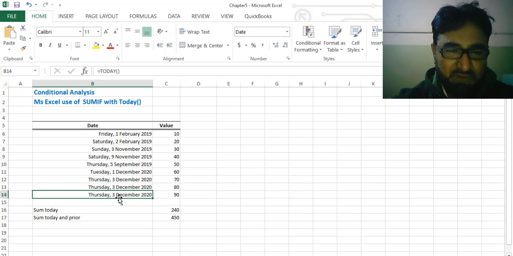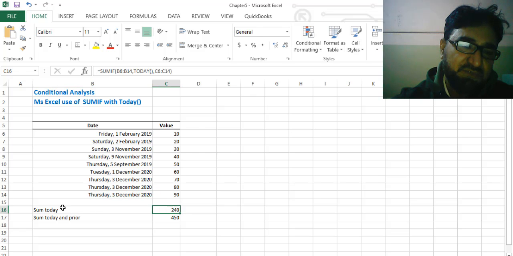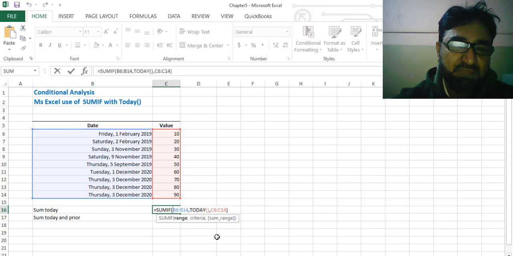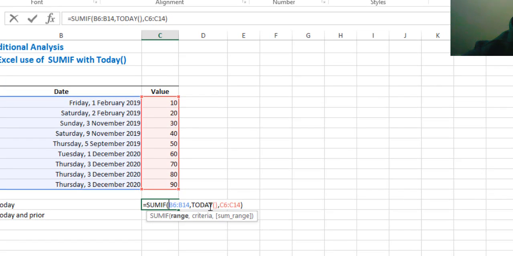As I am recording this video, today is 3 December 2020, and we are going to use this with the SUMIF function. In the first formula, we have given the range of this date section B6:B14, comma, TODAY function, comma, C6:C14. We told Microsoft Excel in this formula to find today's date in this range of dates and total that.